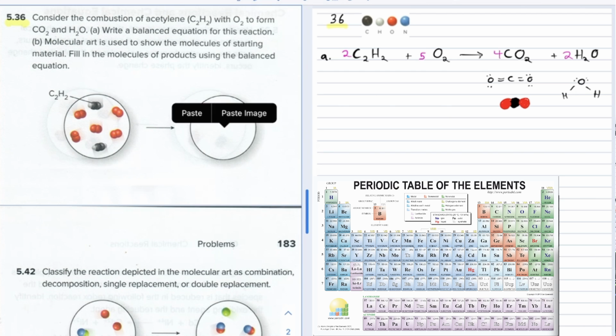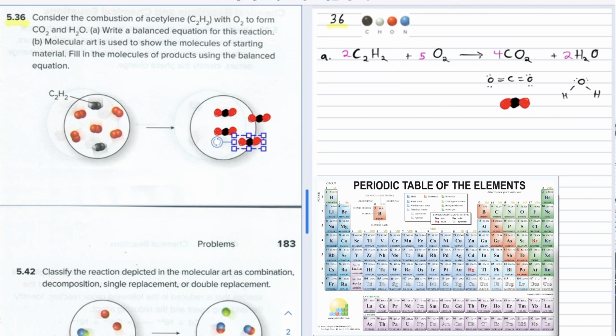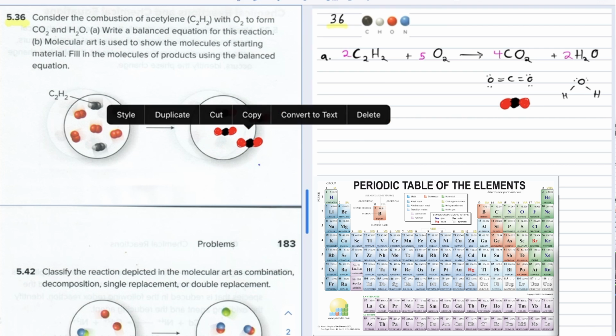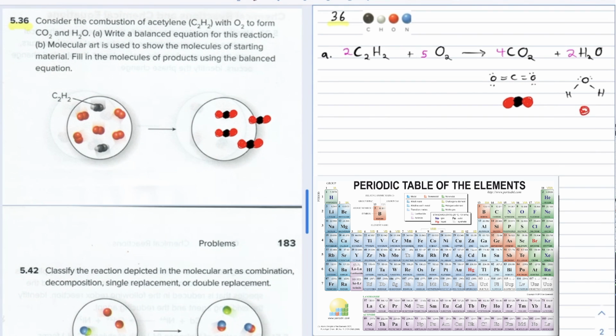Okay, it's going to take more room. So we got 4 of those. Okay, and then what about the waters? We have H2O. Well, the oxygen is the red oxygen atom, and then the hydrogens are white.